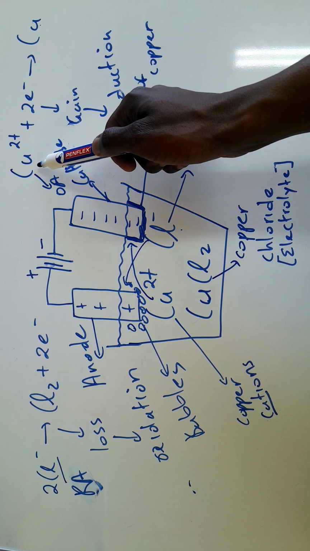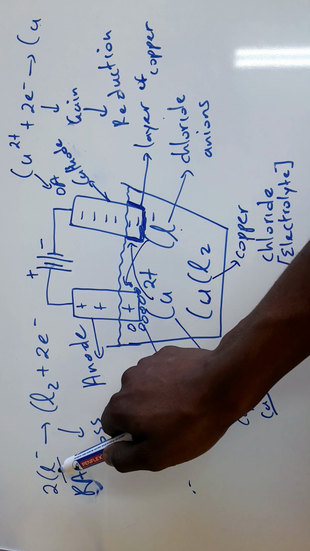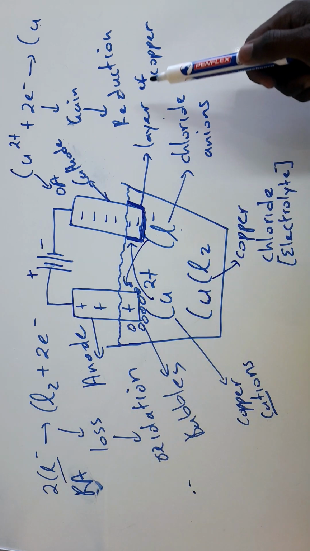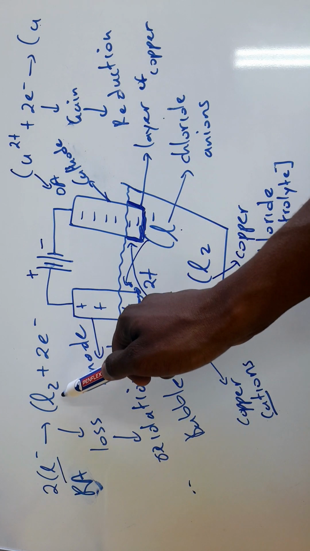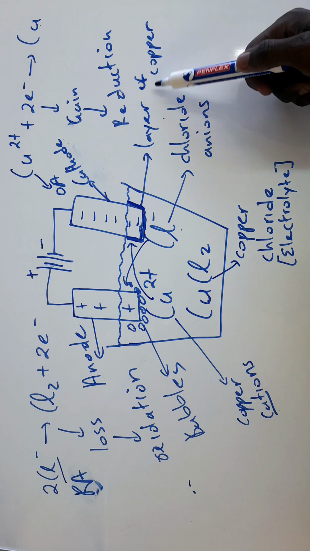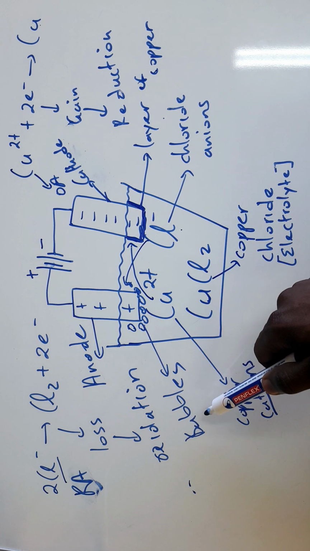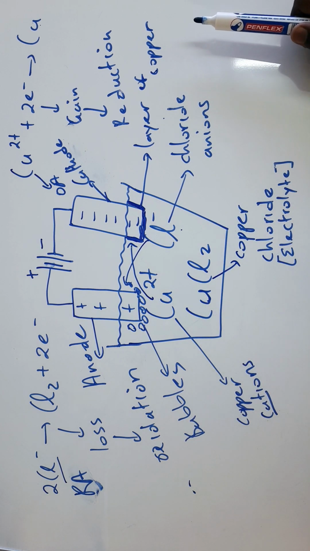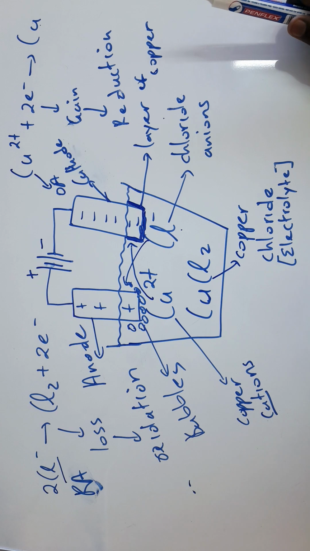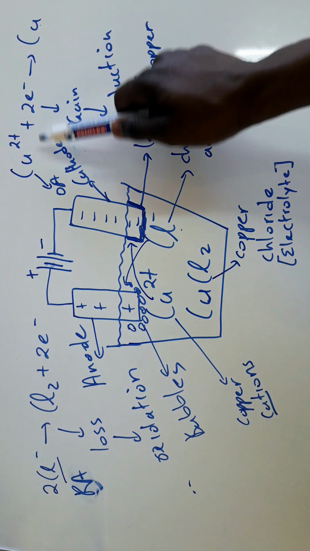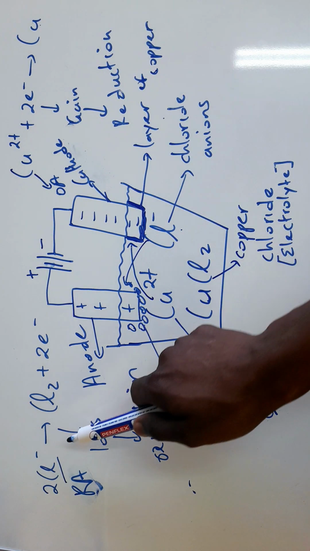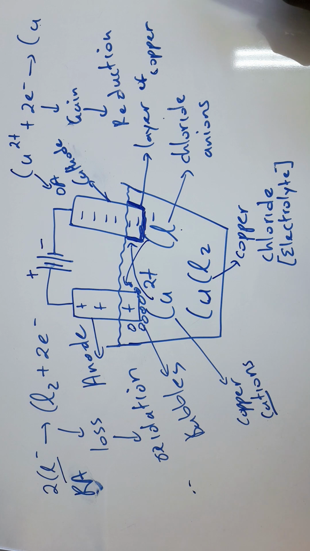The substance that gains is an oxidizing agent, a substance that loses is a reducing agent. Copper is a product, chlorine gas is a product. We observe a layer of copper, and we observe bubbles of gas. These are the reduction half reaction and the oxidation half reaction for the electrolysis of copper chloride.